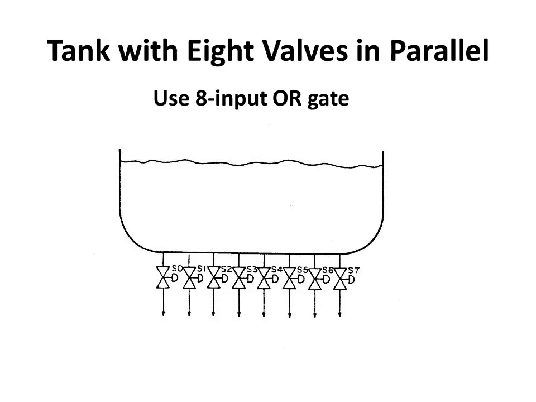So for the Q column in the truth table, the value uniquely will be 0. Now, any other condition for these valves and water will flow through at least 1 or maybe more valves. So this is an 8-input OR situation.